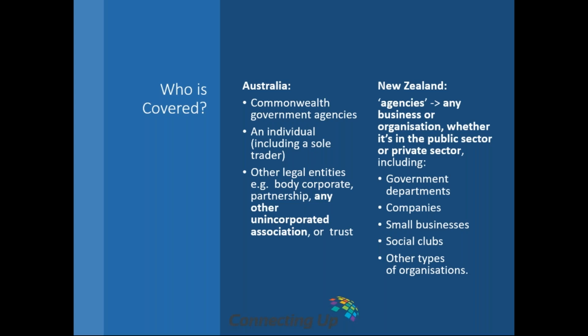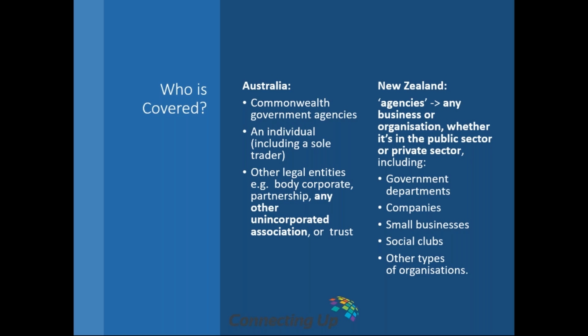So in Australia, as I said, the application, other than the territorial application, is pretty broad. It applies to Commonwealth government agencies, individuals, and all other sorts of legal entities, including trusts and unincorporated associations. And I suspect that some of you may fall into that category.